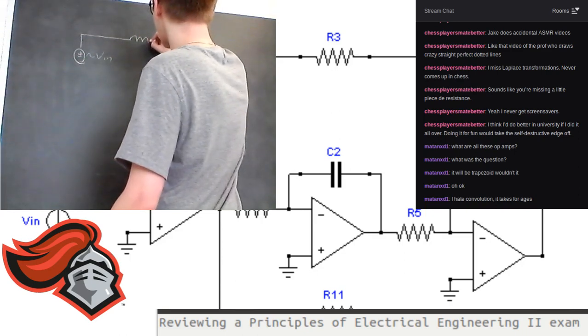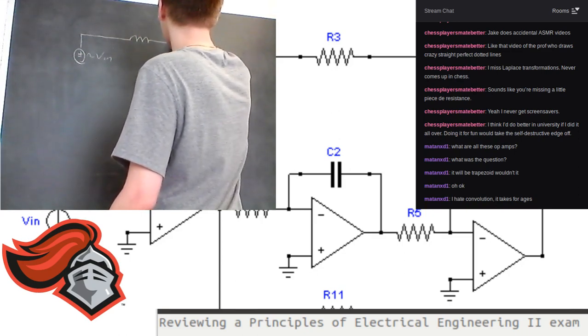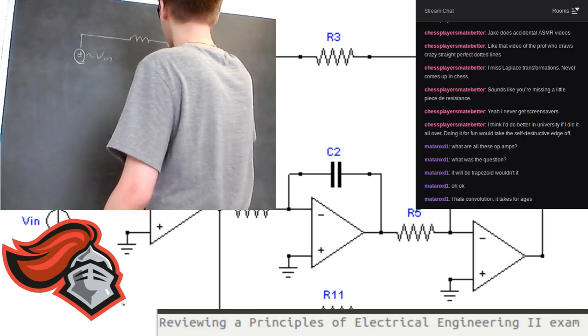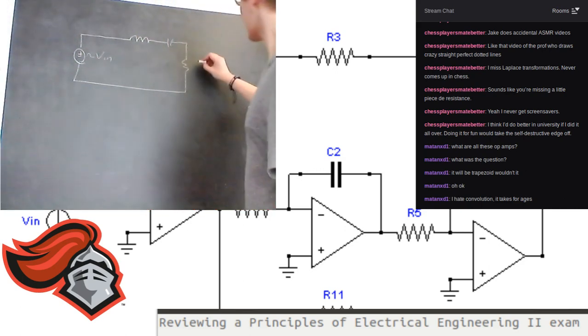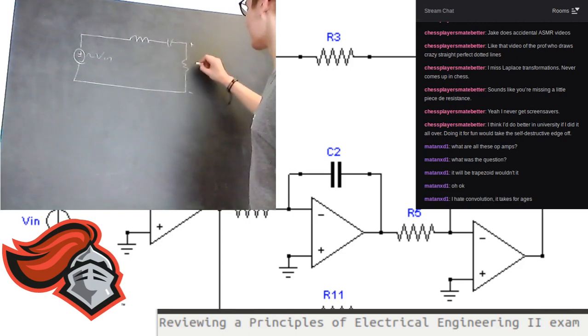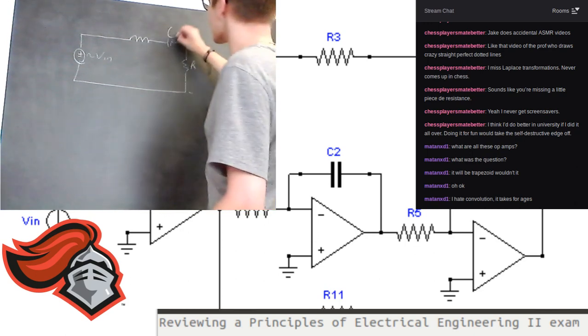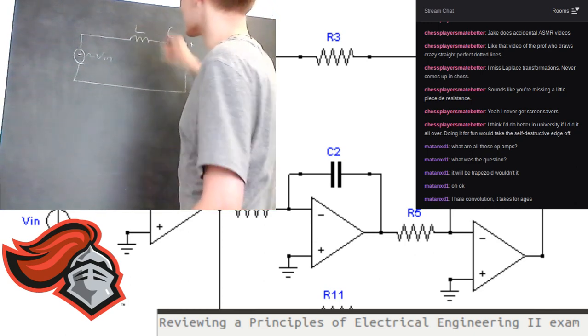There was some value of L. I don't even want to put in actual values. That's gross. Here was our plus minus, here's our R, here's a capacitor, and here is an inductor.